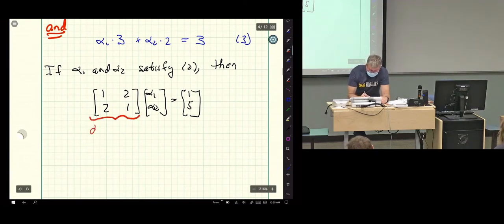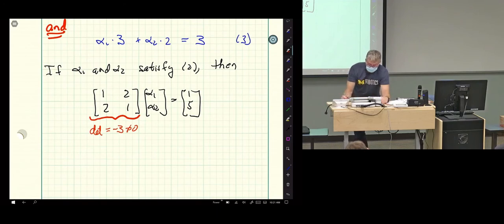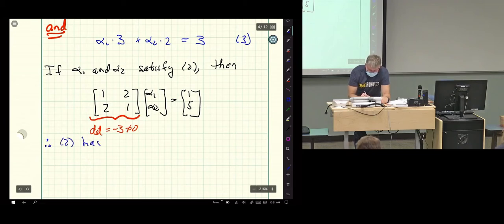So what's the determinant of this matrix? 1 times 1 minus 2 times 2. So it's minus 3, not equal to 0, right? We're just applying what we know about systems of linear equations. Okay, so conclusion. Equation 2 has a unique solution.